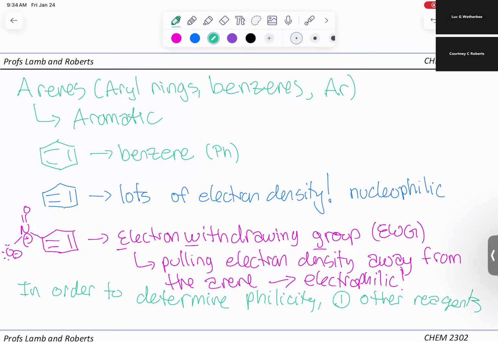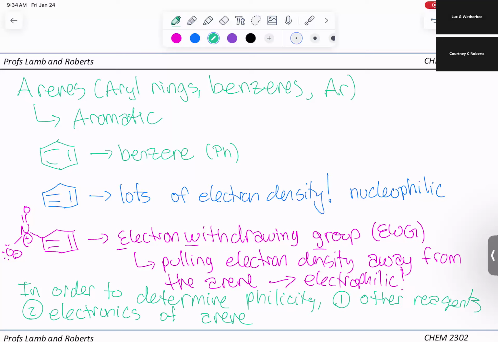The other thing that we can look at is the electronics of the benzene or the arene. So in this particular scenario, we would say, well, we have a lot of electron density on our unsubstituted benzene, so that's probably a nucleophile. We would look and see electron withdrawing groups on our nitrobenzene. We say that's probably an electrophile, right? So we have to take a holistic view of everything going on in the reaction.